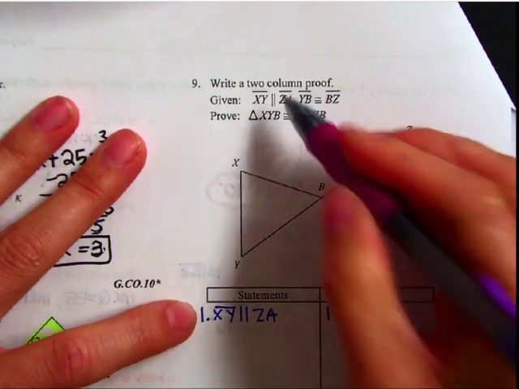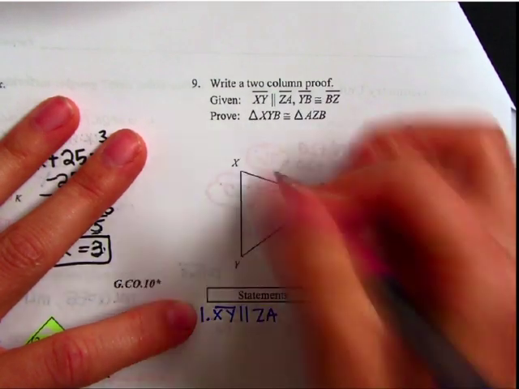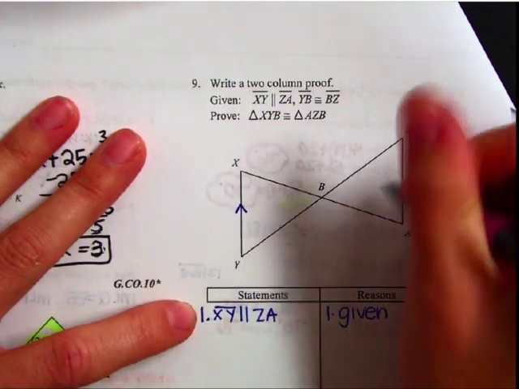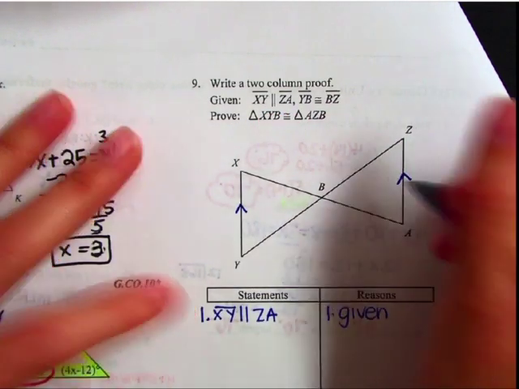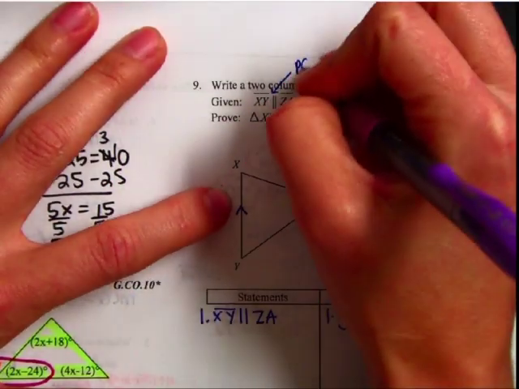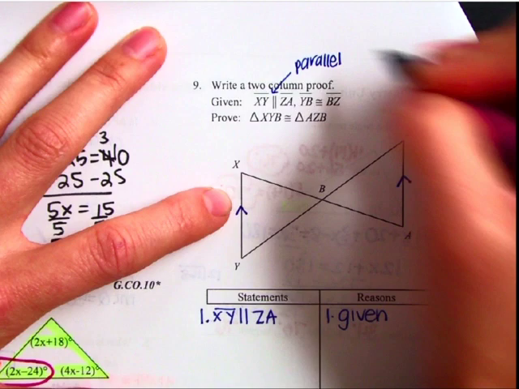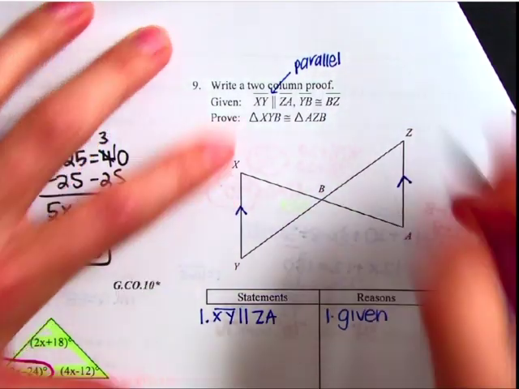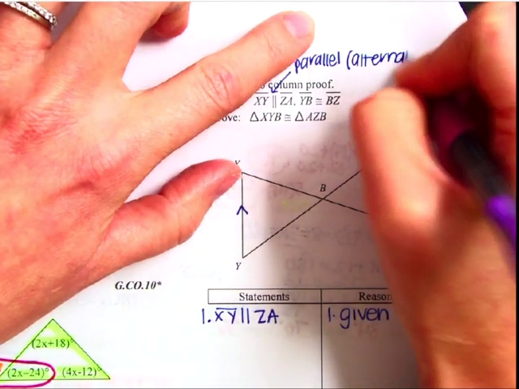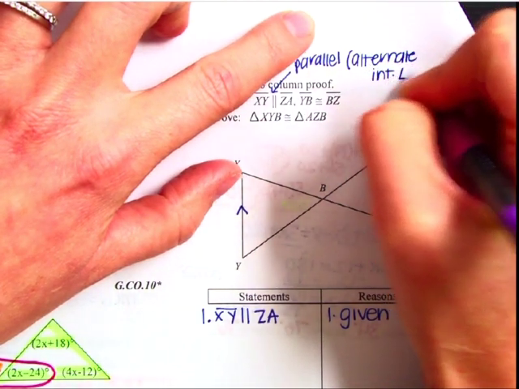And as I'm writing these down, I need to make sure that I mark up the picture. So XY is parallel to ZA. I'm keeping in mind that these mean parallel. They do not mean congruent. And when we have these triangles with parallel lines, we're going to keep a lookout for alternate interior angles. Okay, so we'll come back to that.